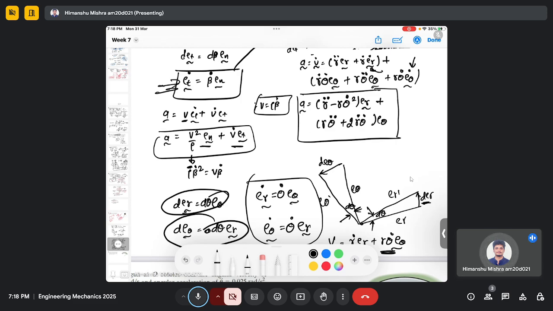So in the problem of polar coordinate, we will be using the same formula to calculate the acceleration. So in most of the problem, we need to calculate the magnitude of the acceleration vector, which can be given by this. In the previous class, we solved in the Cartesian coordinate, where the magnitude of acceleration given by ax square plus ay square under roots.